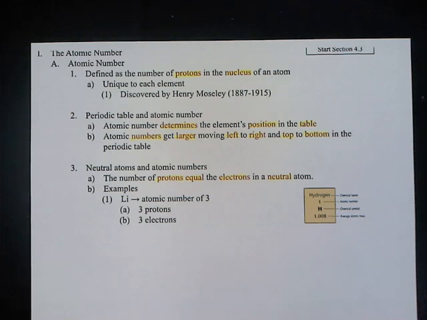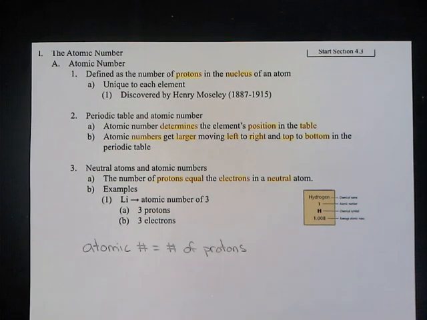The atomic number is equal to the number of protons. And to go along with this, I will say this. The number of protons determines the element that you are working with. This means that if we change the number of protons, we are dealing with a different element.